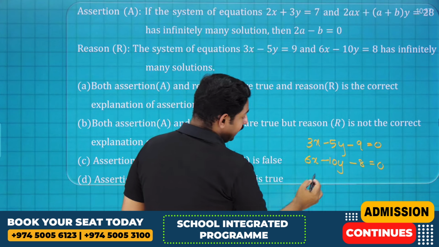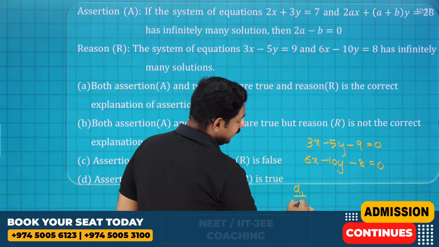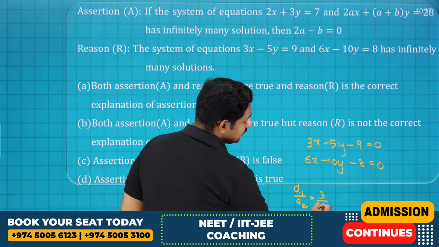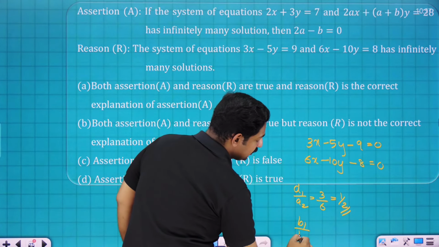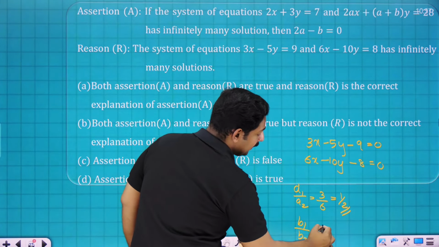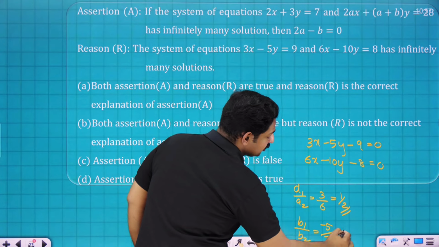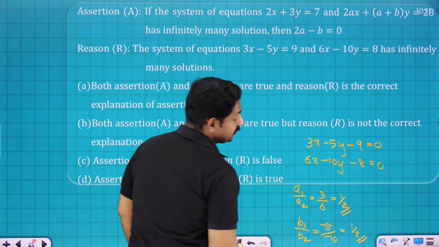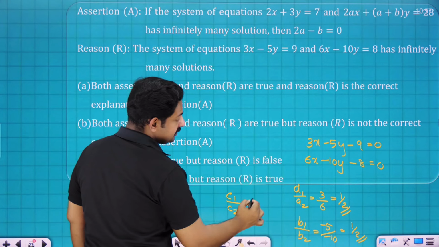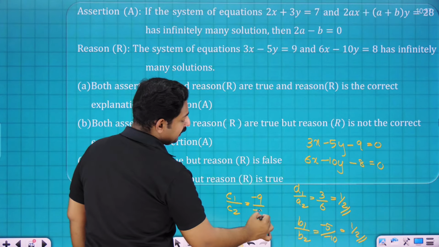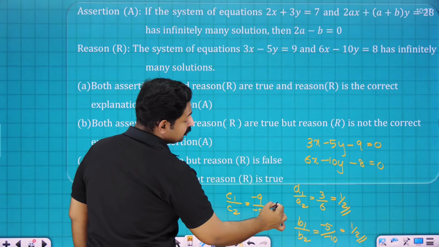So we can check the ratios. A1 by a2 is equal to 3 by 6, which is equal to 1 by 2. Then b1 by b2 is equal to minus 5 by minus 10, which when we cancel, you will be getting 1 by 2. And what is c1 by c2? C1 by c2 is equal to minus 9 by minus 8, which is not equal to 1 by 2.